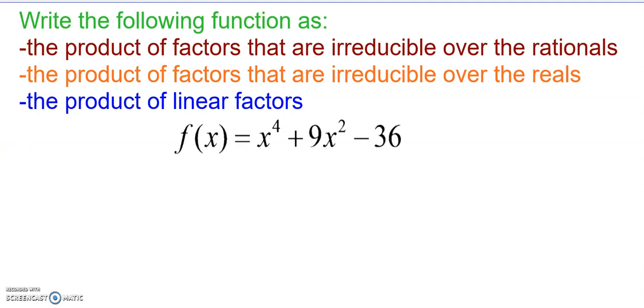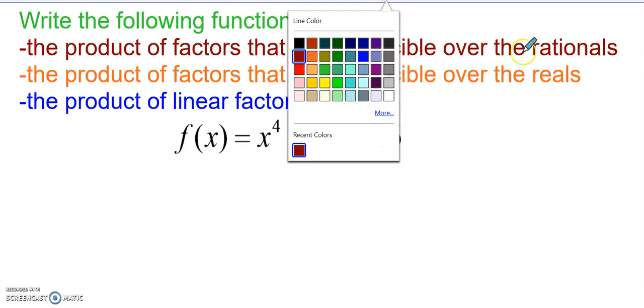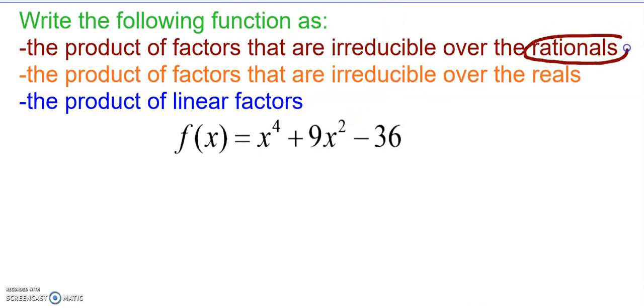So basically, when I factor this, I only want to have rational numbers. And what we know about rational numbers is that they are any kind of number that can be written as an integer over an integer. So to do that, I could factor this if I think about 2 numbers that multiply to negative 36, but add to 9.